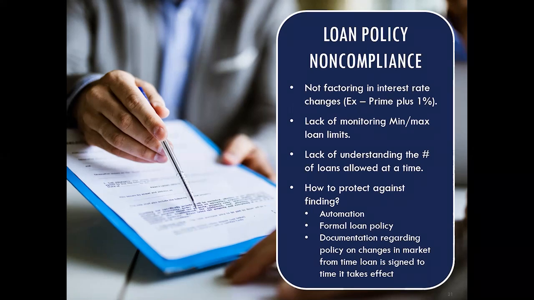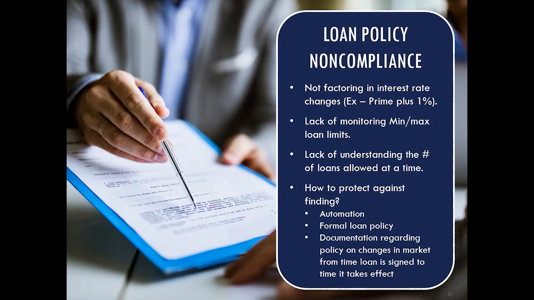Having a formal loan policy and automating that process will really help mitigate these risks, but also making sure that you have documentation in place to address any market changes that might occur from the time of the loan being signed versus when the dollars are issued to the participant. Because if there is a market decline, that might impact that assessment of where they were at from their vested balance versus what was issued as a loan.